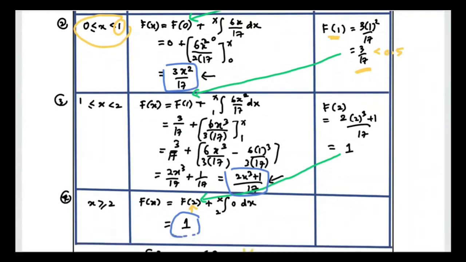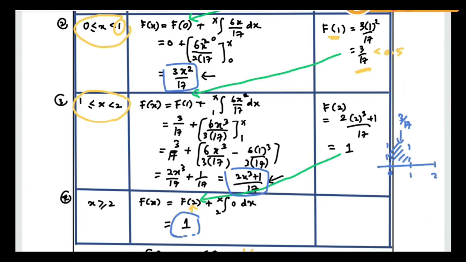So that means your m should be located in this interval. From 0 until 1, the total area is just 3/17.